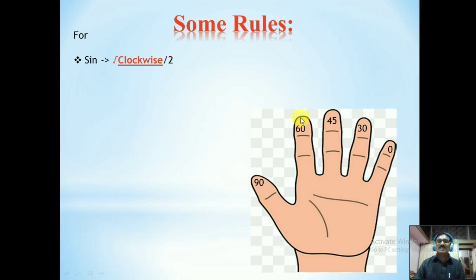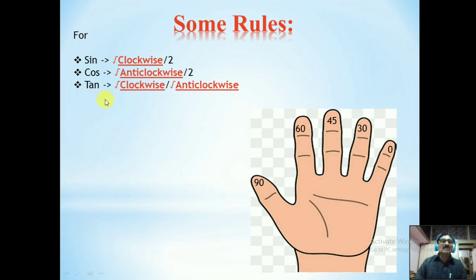Similarly, for 60 degree, in clockwise direction, there are 3 fingers, and anti-clockwise direction, there is 1 finger. For sine, take square root of clockwise direction fingers and divide it by 2. For cos, take square root of anti-clockwise fingers and divide it by 2.